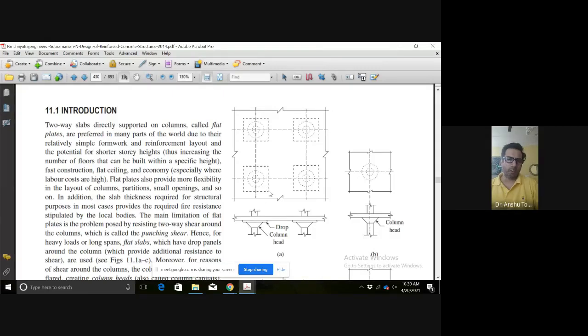It goes on reducing as we go far away from the extreme outermost column. In that case also, the load is being transferred primarily due to the flexure. That is the moment coming onto the beams from slab to beam, from beam to column, and from column to foundation.